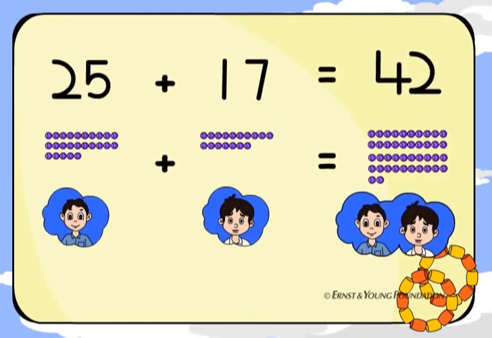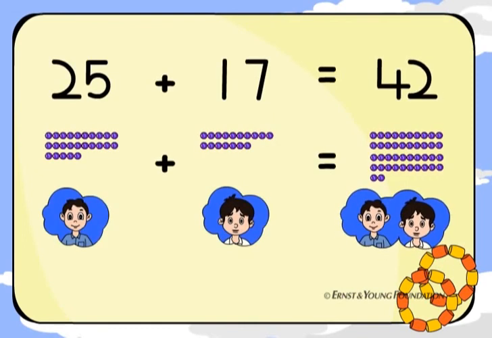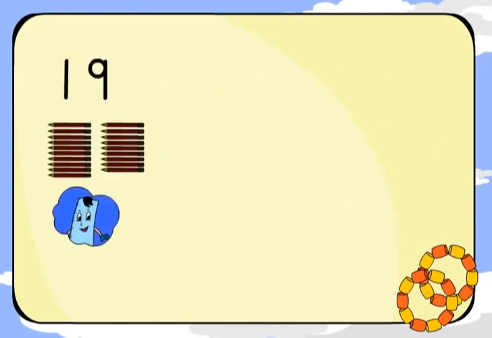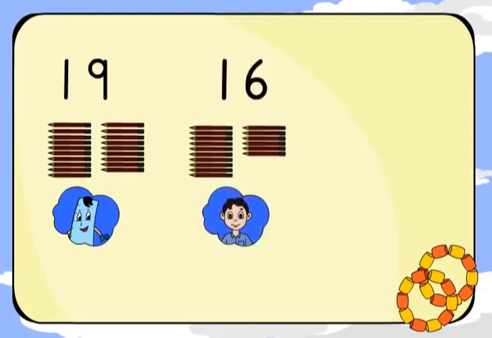There are 42 marbles. Futta has 19 pencils. Chinu has 16 pencils.